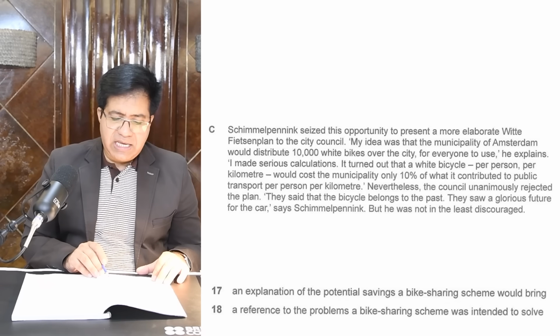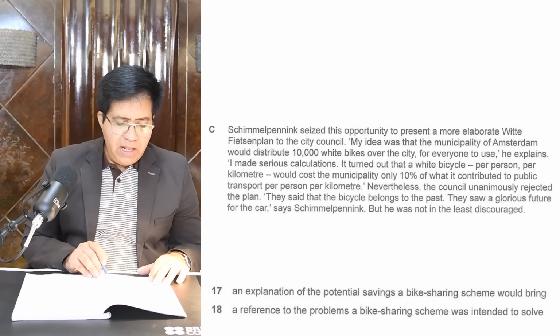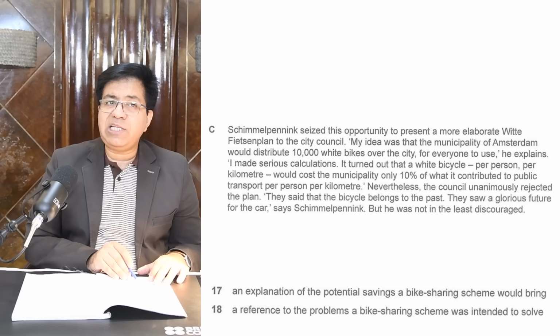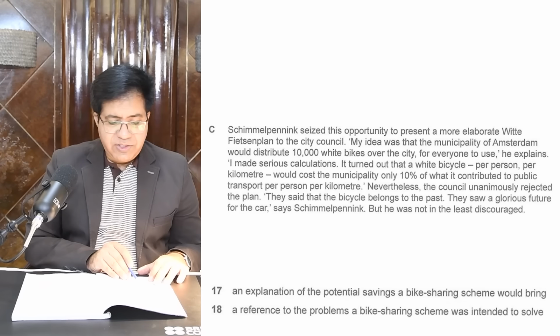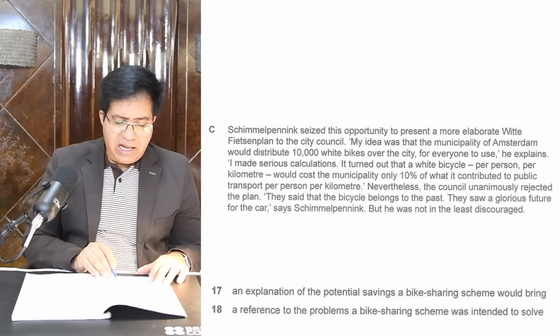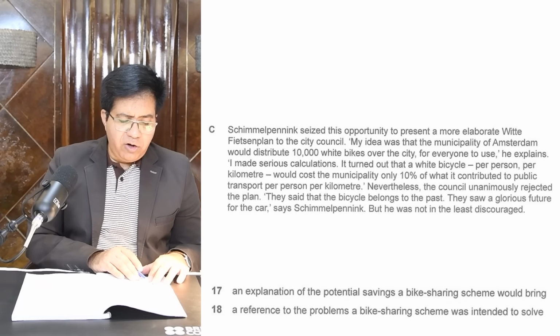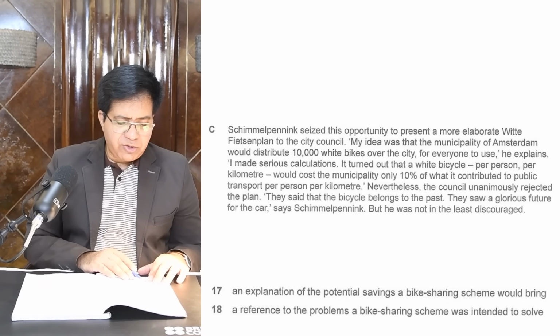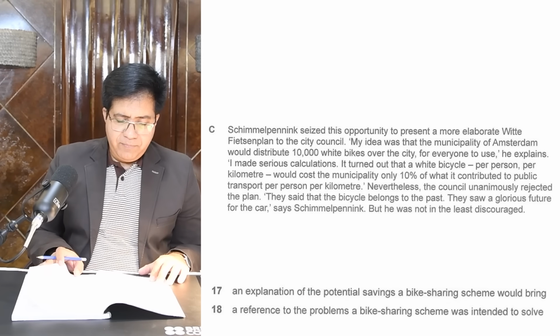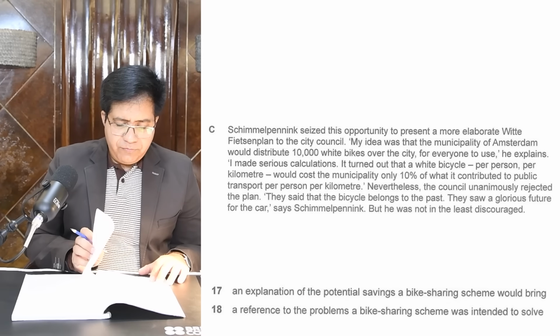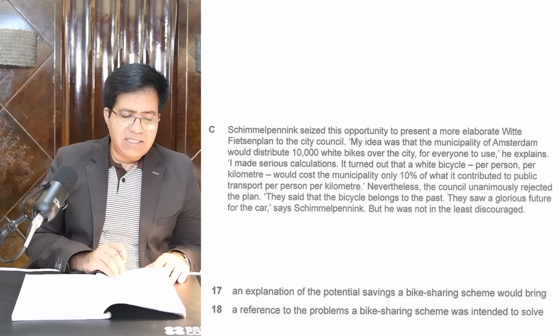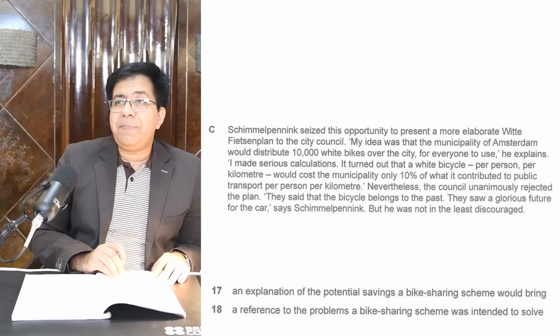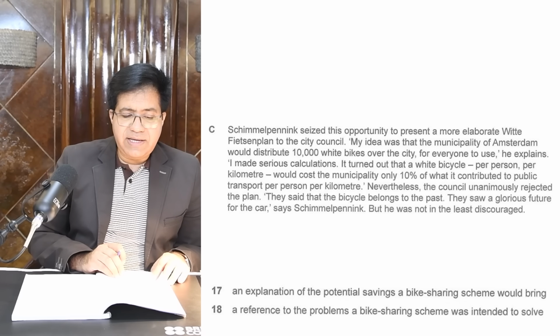Please come to paragraph C and third line. Fourth line, I made serious calculations, found it? I made serious calculations. It turned out that a white bicycle per person per kilometer would cost the municipality only 10% of what it contributed to public transport per person per kilometer. Nevertheless, and then they rejected the idea. Okay? So, correct answer for question number 17 is option C. And have you noticed in one paragraph we found two answers? Like 17 is C and 15 is also C.